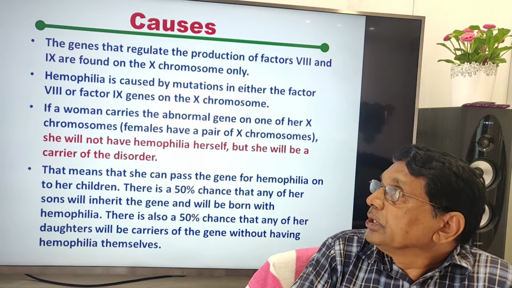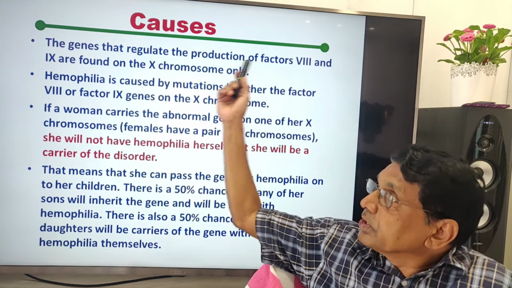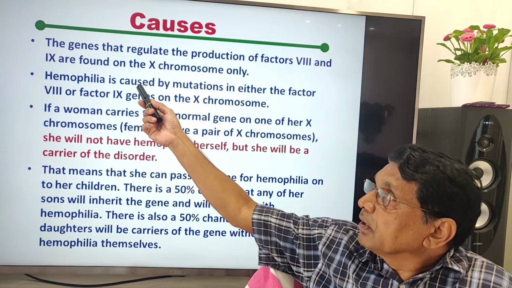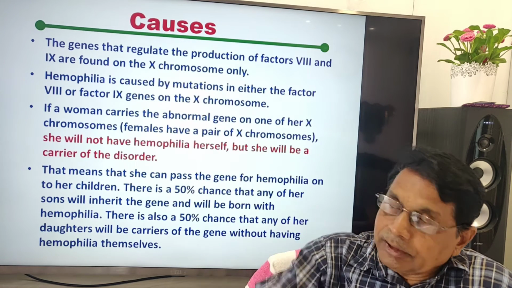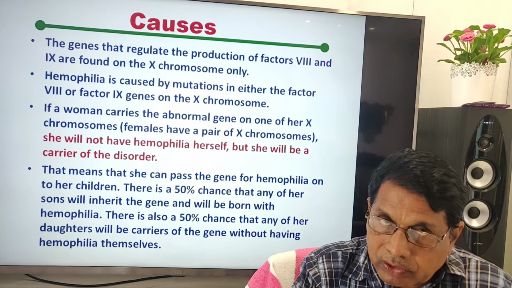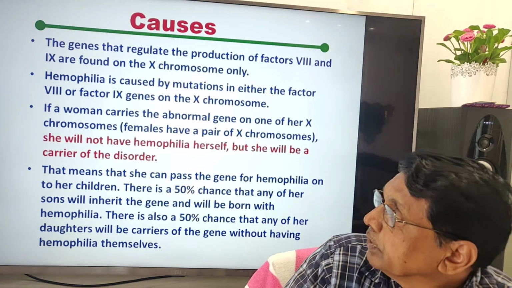Causes: the genes that regulate the production of factor VIII and IX are found on the X chromosome only, not on the Y chromosome.